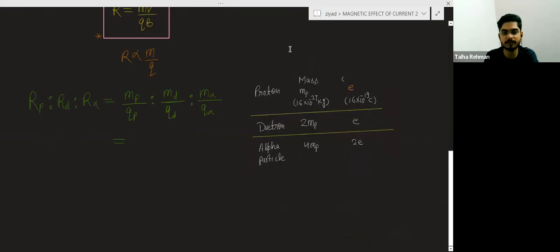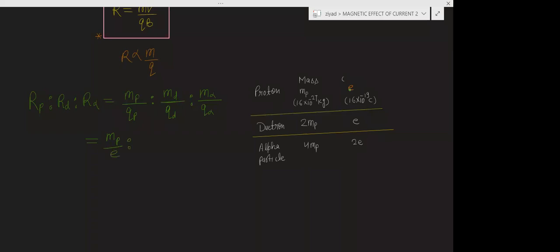Now you can see in the table here, mass of proton is mp. Now put this value in the formula. Mass of proton is mp and charge on proton is e.